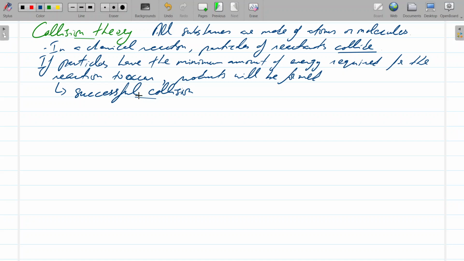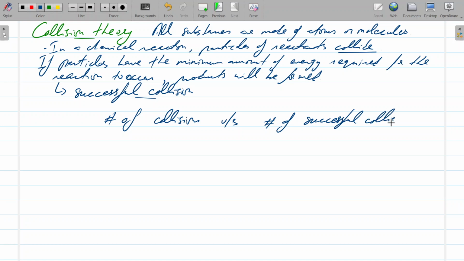So you need to keep these two things in mind: the number of collisions versus the number of successful collisions. Do you understand the difference? These have the required minimum, which is called the activation energy, the EA.